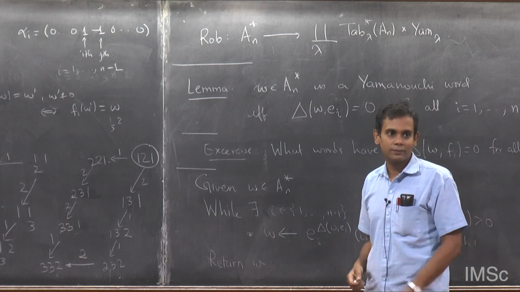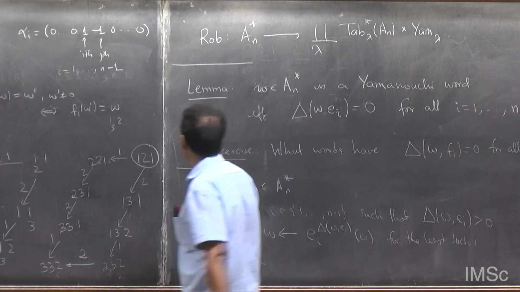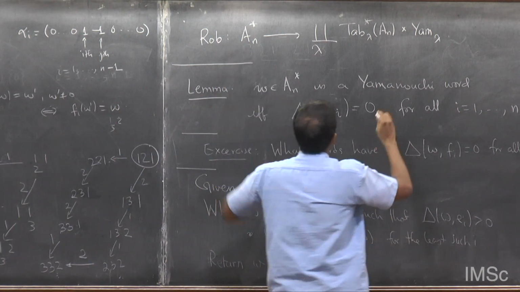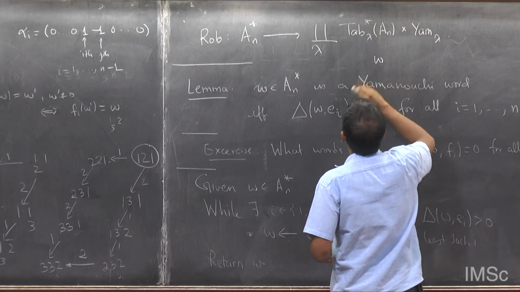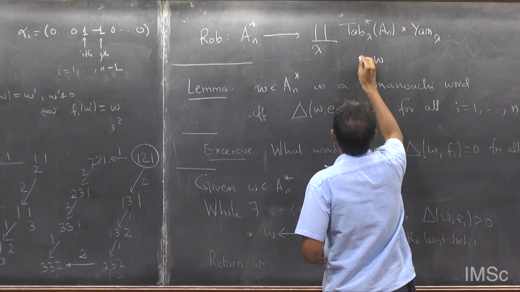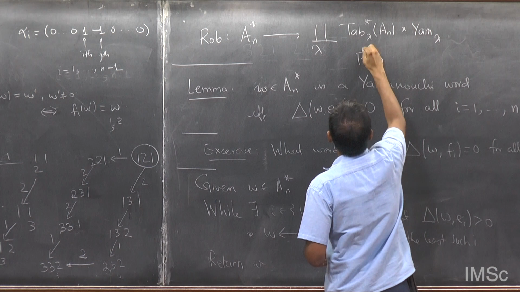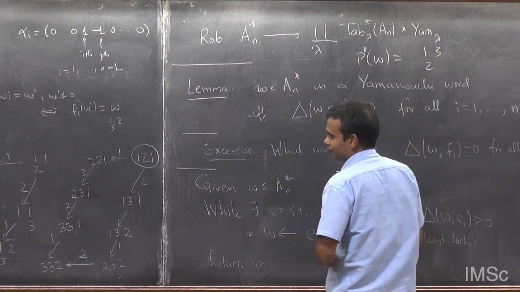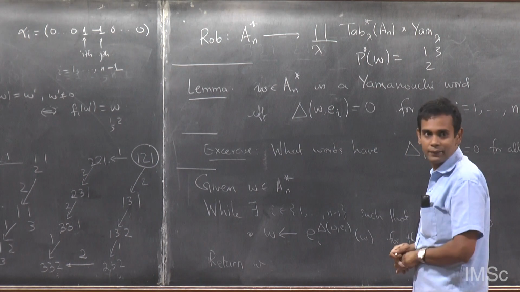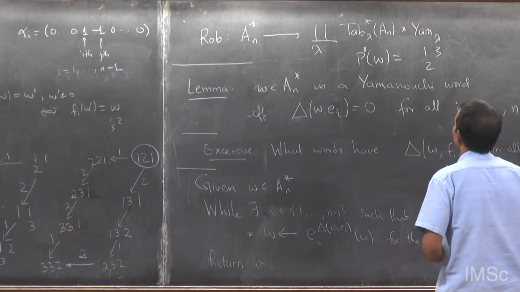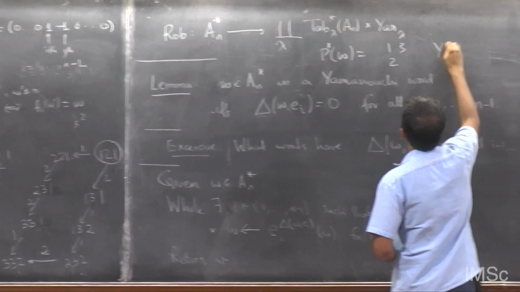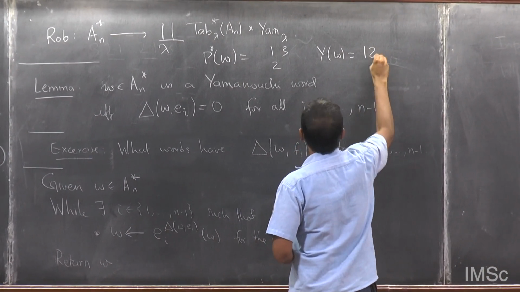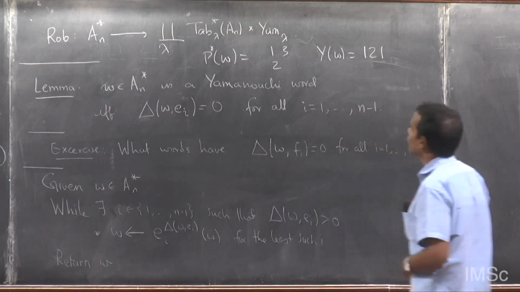So let's do an example here. Suppose I have this mystery word W, and I am told that P star W is the tableau 132. And I am told that y of W is 1, 2, 1. Then do I know who W is?